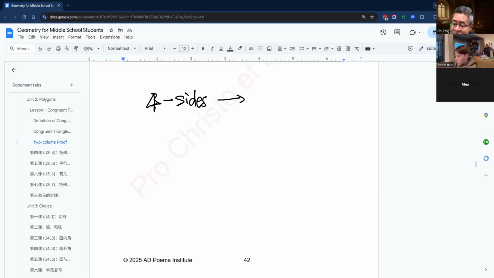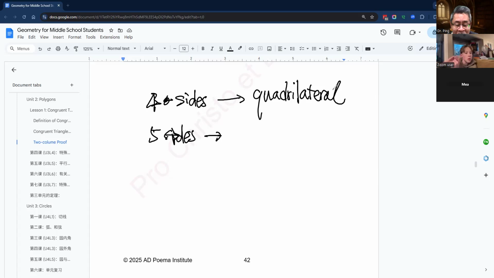Yep, very good, Mia. Looks like Grayson, you good? Glitch again. Okay, how about five sides? Four sides, we know. Quadrilateral. Yeah, quadrilateral. Goldie, stop. Okay, five sides, okay?